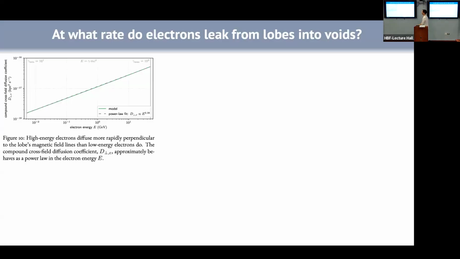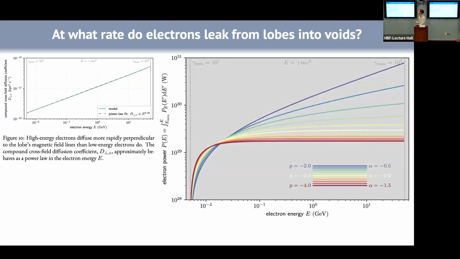So what we've been looking at is the diffusion coefficient, so how fast the particles diffuse perpendicular to the field of the lobe. And it turns out that the higher energy electrons that have more inertia, they tend to diffuse faster across that magnetic barrier that separates the lobe from the void. But those higher energy electrons are fewer in number.